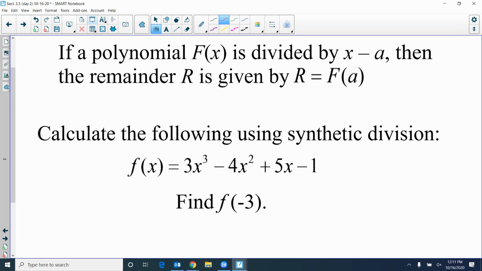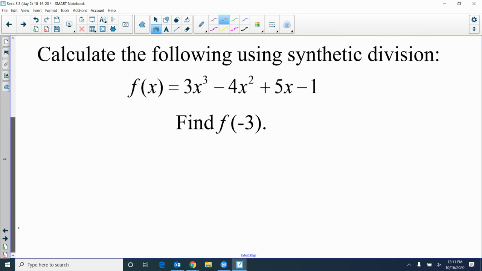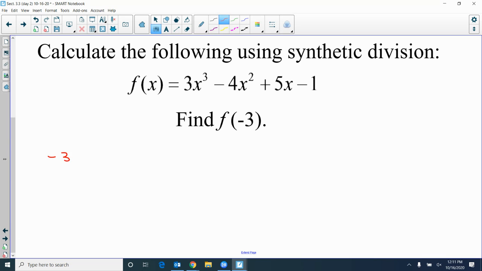Okay. So take -3 over here. And we got 3, -4, 5, and -1. 0 here.